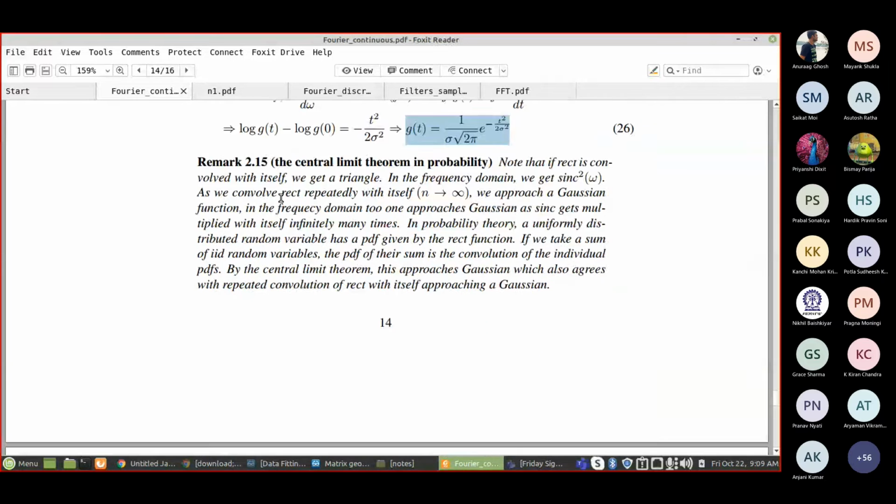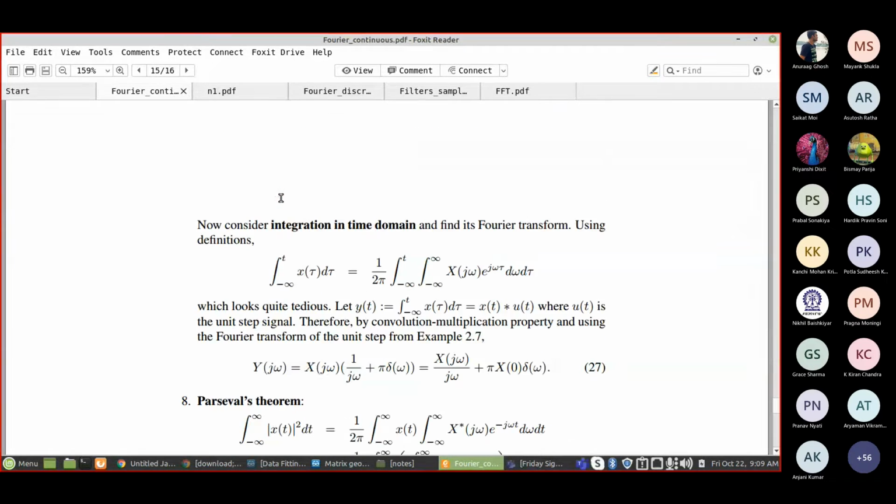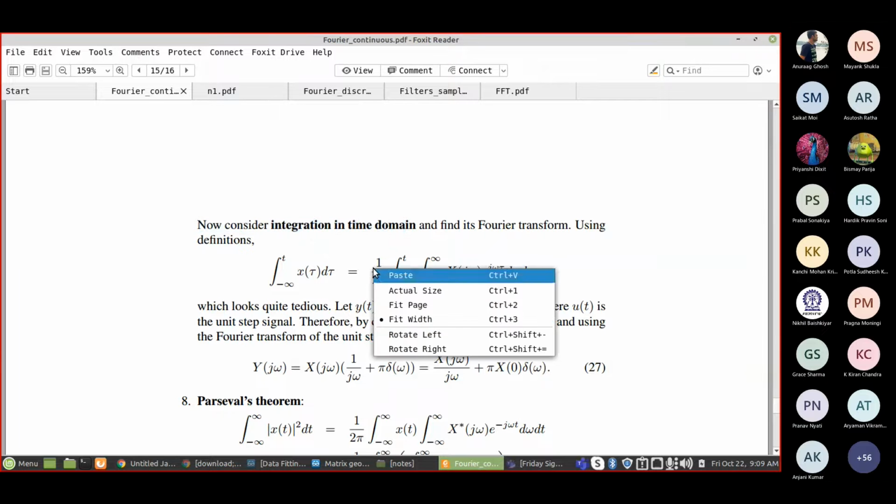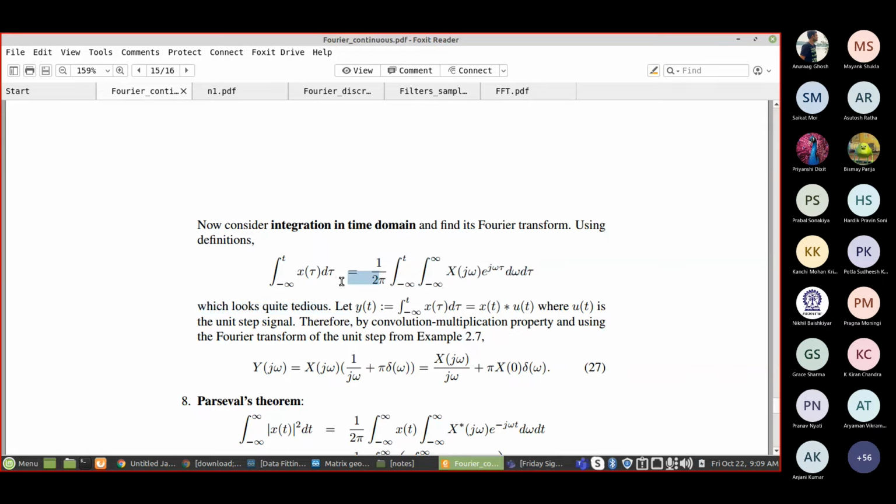Okay, so this is quite easy. Let's recall integration in time domain. Suppose we are integrating our signal in time domain like that, and we want to find its Fourier transform. If you go by first principles, it's a bit tedious, but you can use this trick of convolution.